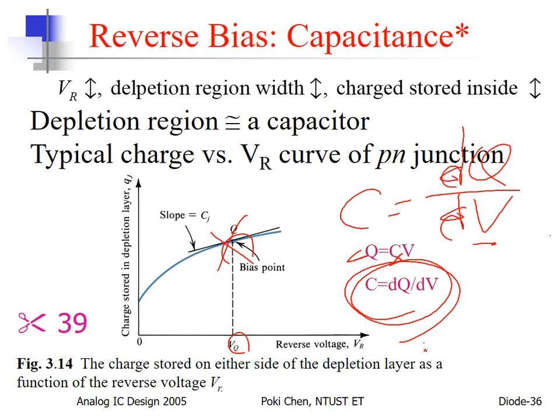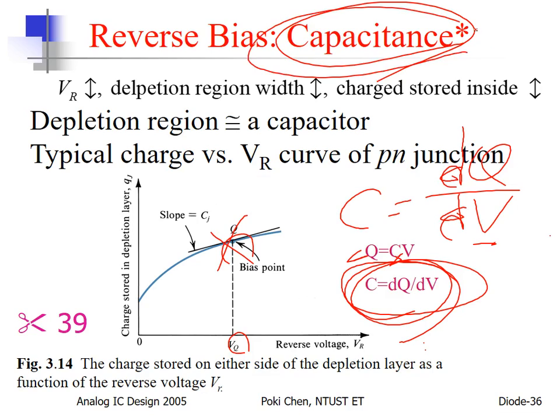Maybe it's not you, but the EDA tools apply this concept to help you extract the capacitance. So it means the bias you apply to your circuit will have a very strong impact on the effective capacitance, effective resistance, everything.